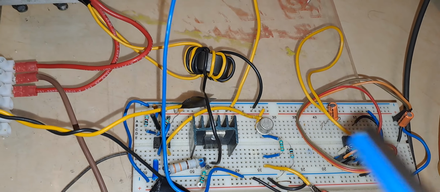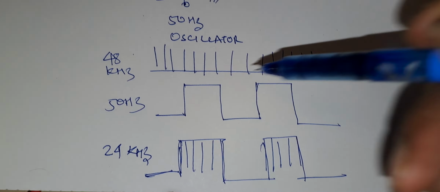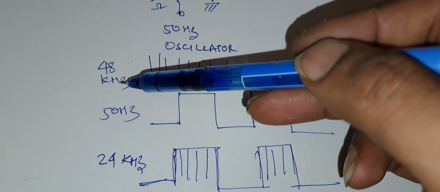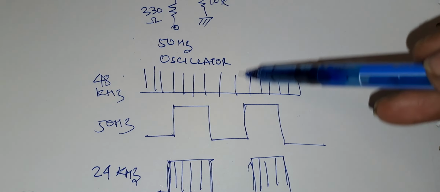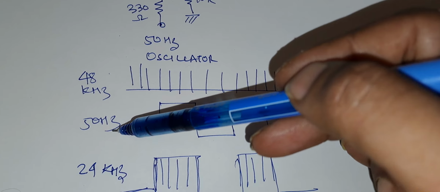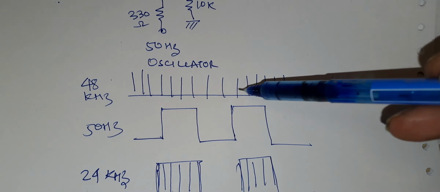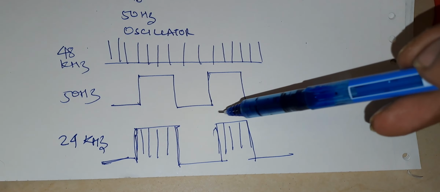Let me show you on the diagram. So as you can see on this diagram, this is the 48 kHz frequency. My oscillator is supposed to oscillate at a frequency of 48 kHz. However, when I am mixing a modulating signal of 50 Hz, this is the modulating signal of 50 Hz, I am going to get this output waveform.